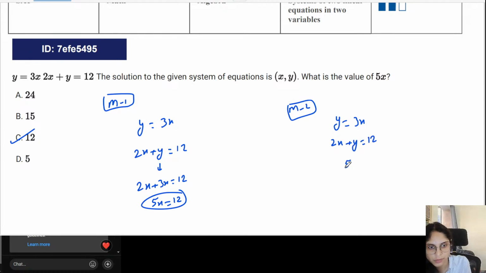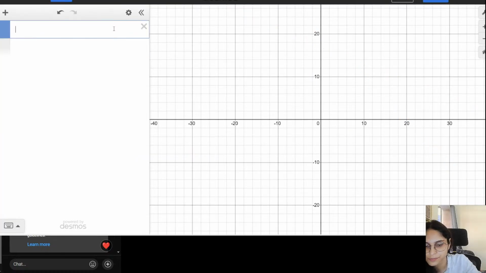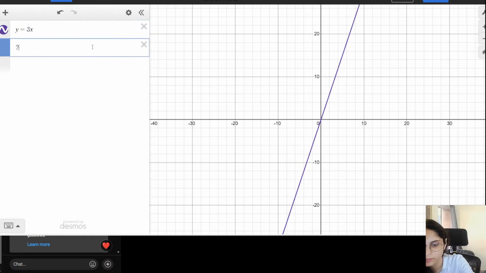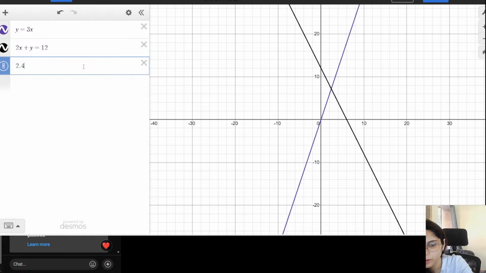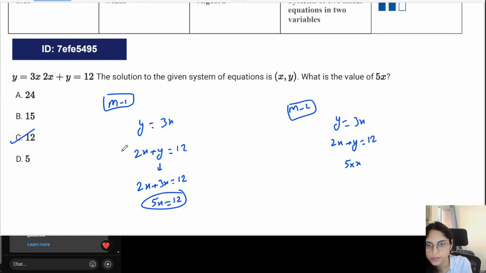Then get the point of intersection and then multiply it with 5. Getting 2.4 as x value, so now you do 2.4 times 5. You will get 12. So this method is easier. Always read the question, they want 5x, and see if you can directly get 5x. 2x plus 3x is 5x, so yeah.